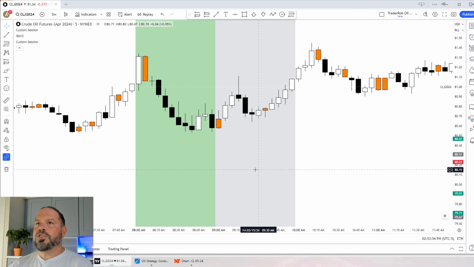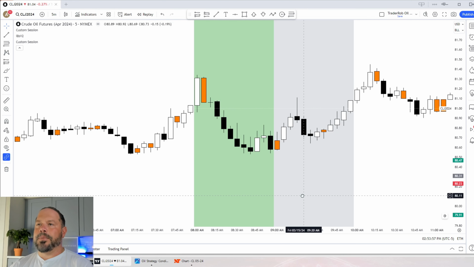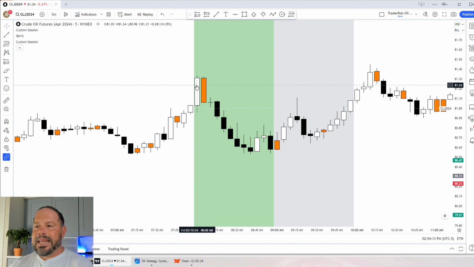All right, so let's jump into our first example. We get an inside bar here that forms at 8:05 and would close at 8:10. Our source bar, which opened at 8 a.m. and closed at 8:05, is what we use to determine our stop loss and our take profit.